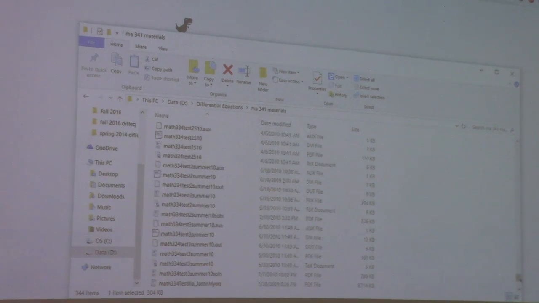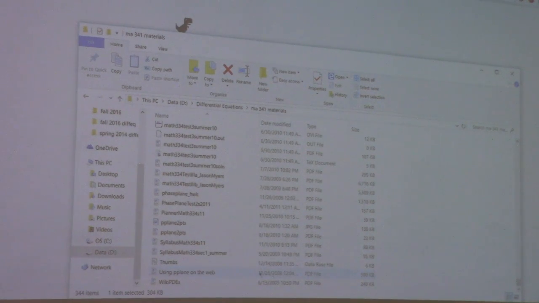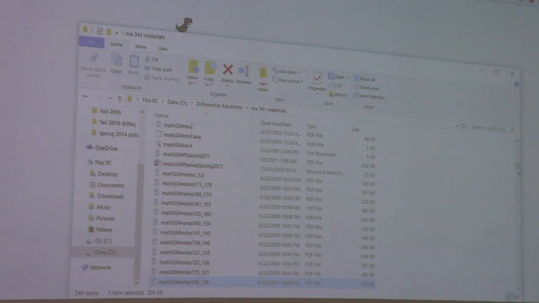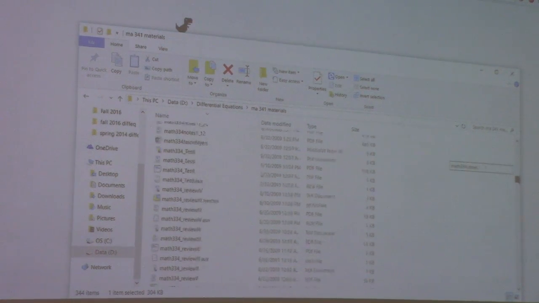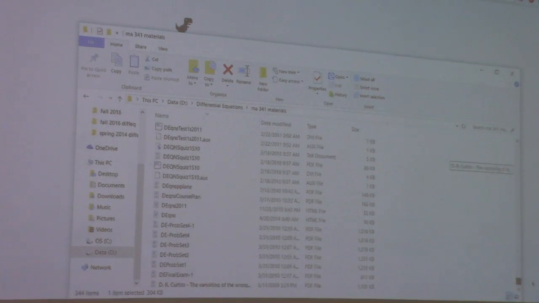Sorry, I actually tried to find this before class and then I got distracted with that conversation. I see now that there's a P-plane PDF in here somewhere. As soon as I can find it, we'll be good. Professor, I think your computer's on airplane mode.